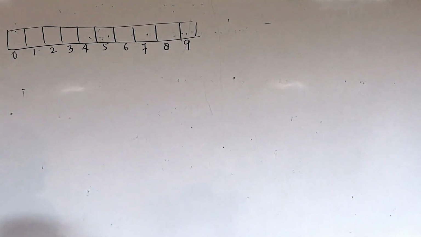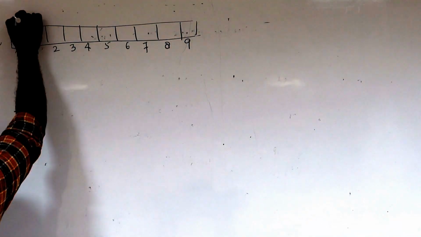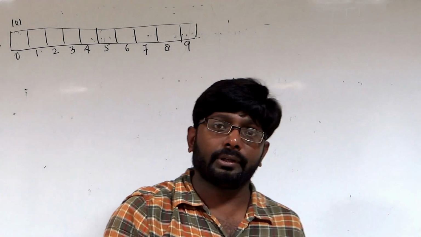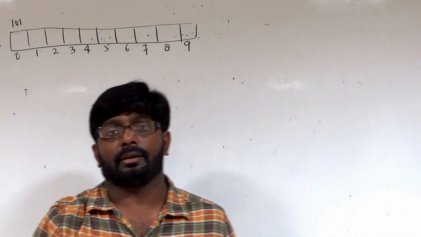Like from 0 to 9, it becomes 10 elements. If the starting address of this is 101, what would be the address of the next cell?